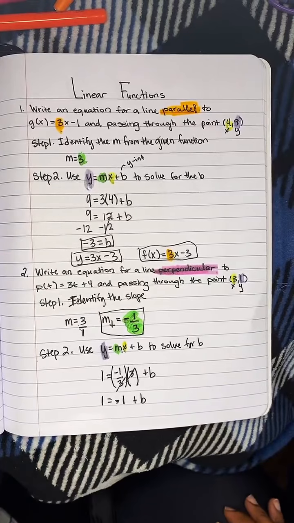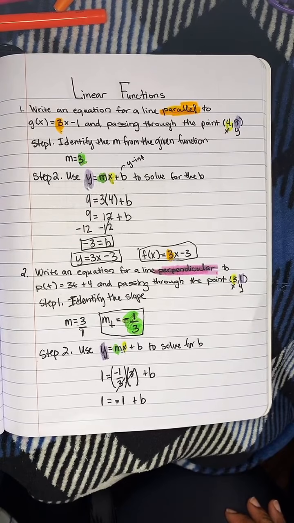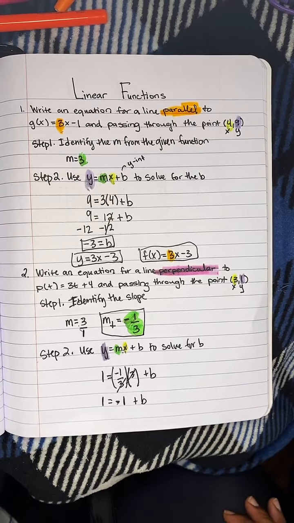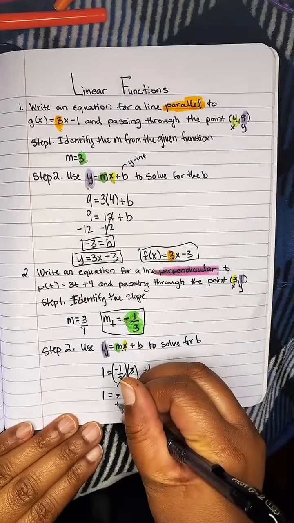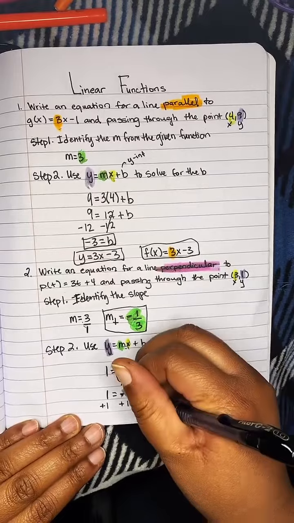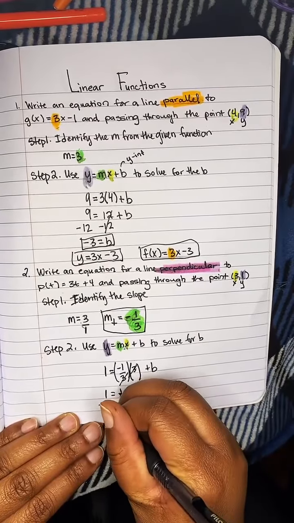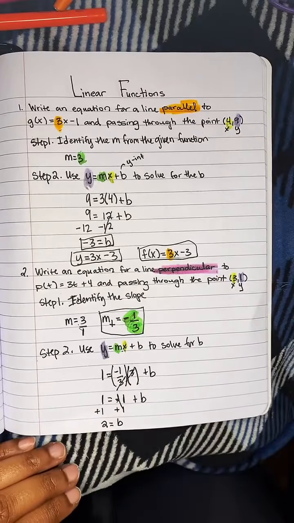Now, what's our last step? How do we get b by itself? Add 1. Yes, we add 1 to both sides. So this cancels and we get b equals 2. Wonderful.